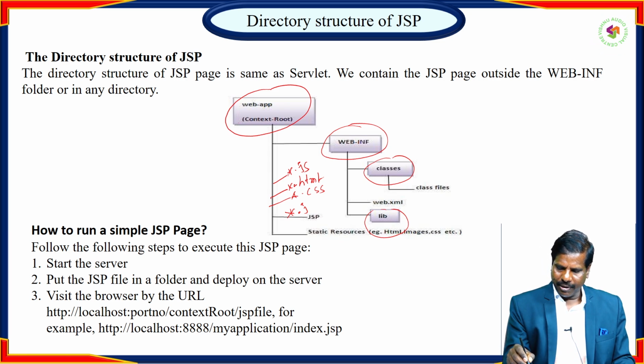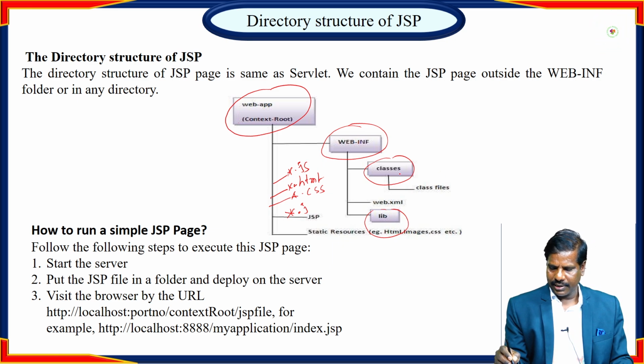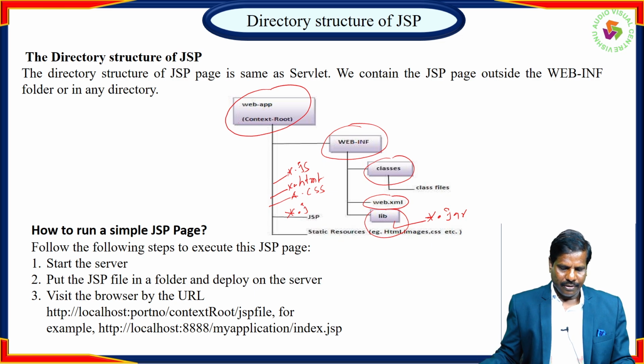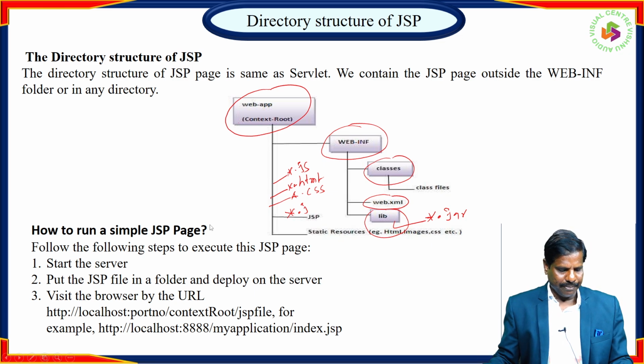The WEB-INF contains classes, where all the Java classes are stored, and lib, where we store all jar files. Web.xml is the website descriptor. This is the structure of JSP.